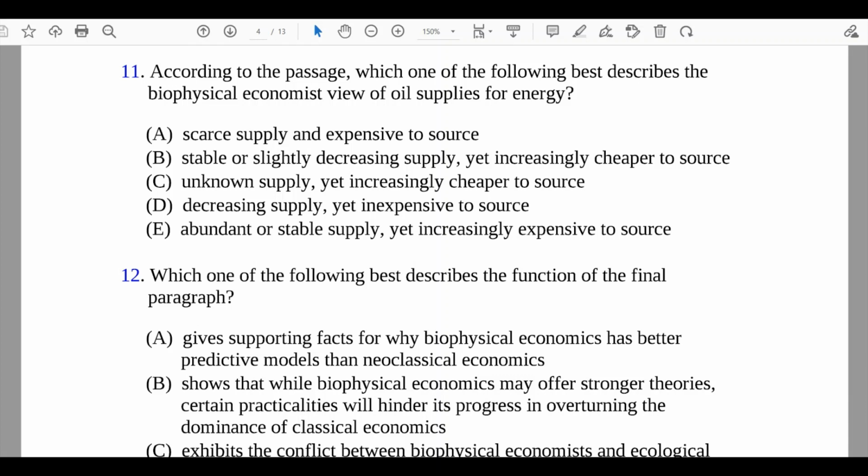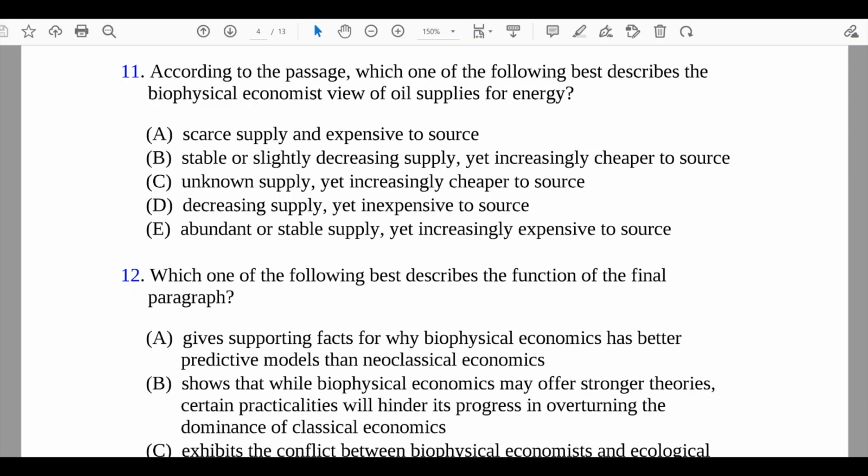Let's analyze answer A. Answer A says oil is scarce and expensive to source. But the passage implies that oil has not reached its peak in supply. So the first part is wrong, even if the second part is right. Answer B mentions that oil is stable or slightly decreasing and cheaper to source. The first part might be right, still.